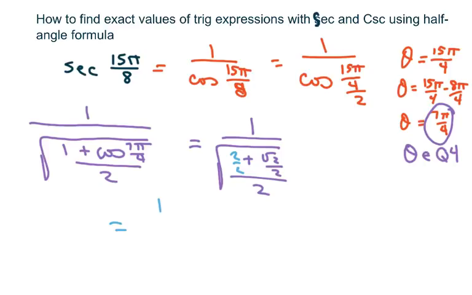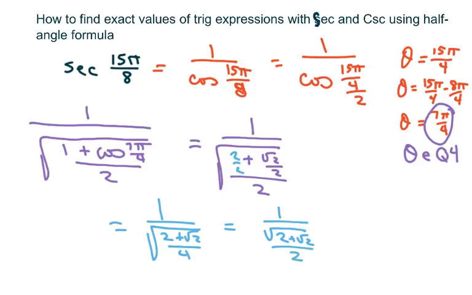And what we get is 1 over square root of 2 plus square root of 2 over 4, which equals 1 over square root of 2 plus the square root of 2 over 2. Now, what I can do is just bring this 2 up, just from division.